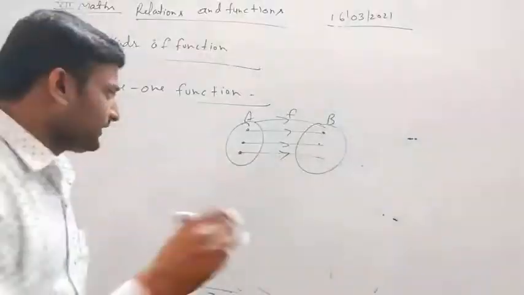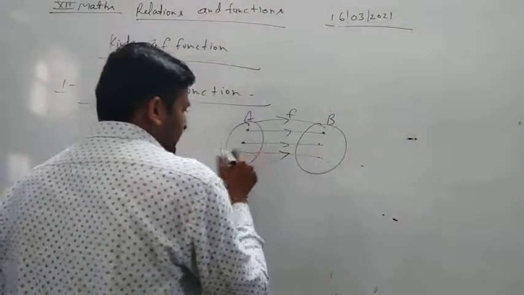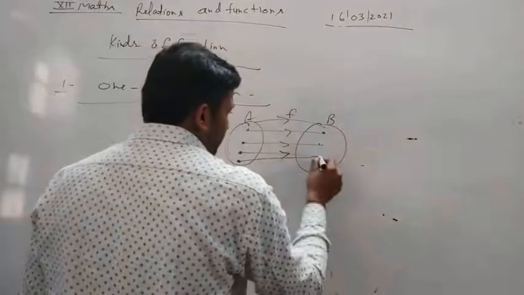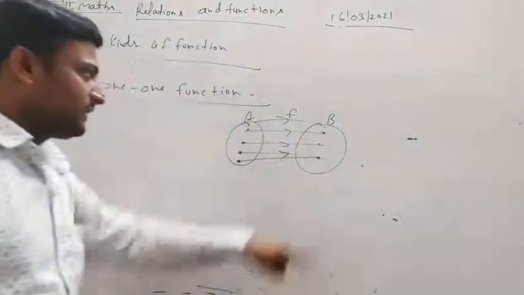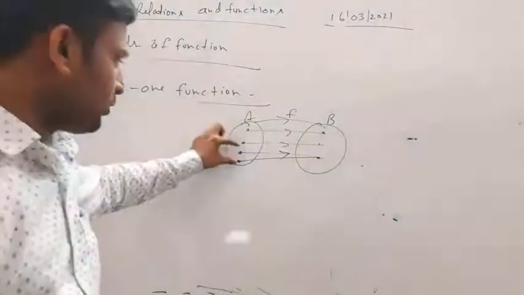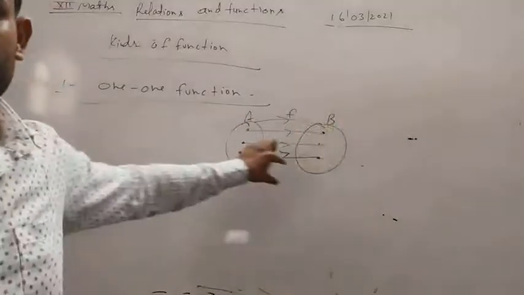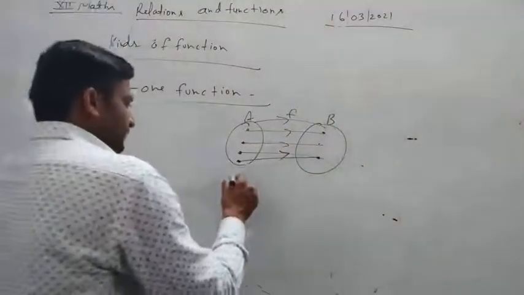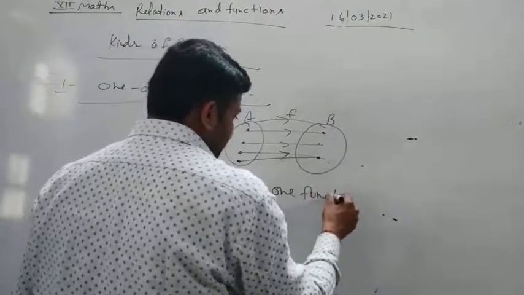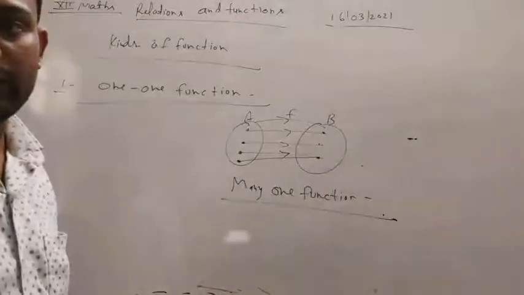If any element goes to the same element, then this function is not one-one. If more than one element goes to the same image in set B, then this type of function is called a many-one function. I hope you understand, students.